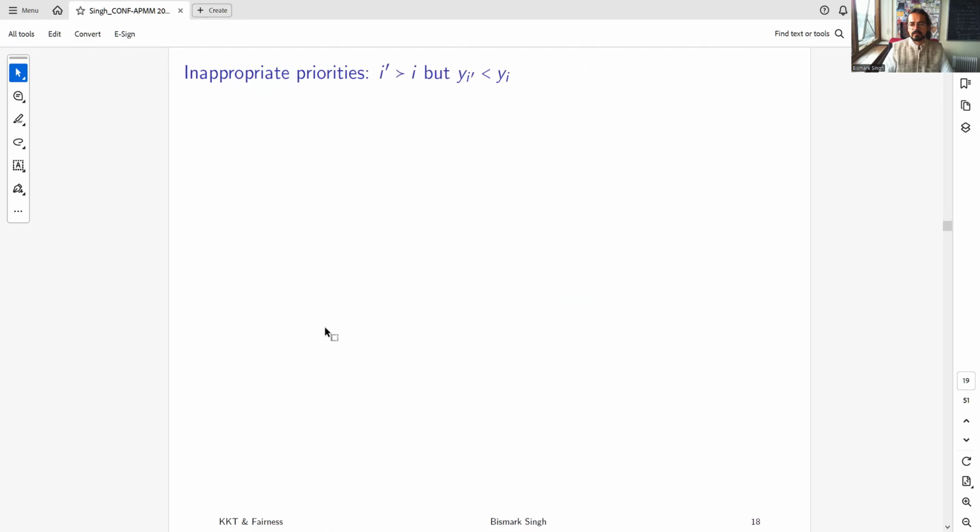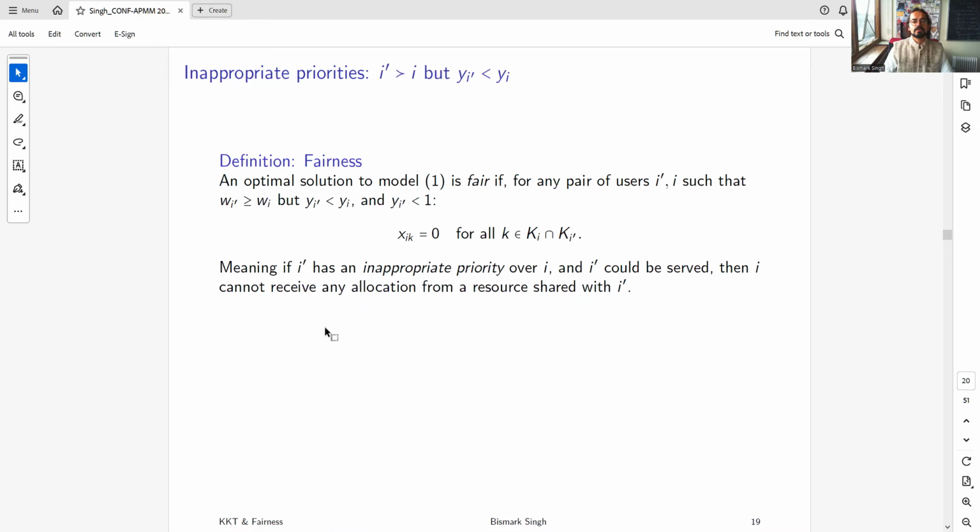Okay, so let's look at the case of inappropriate priorities in a bit more detail now. So let's define a notion of fairness up here that we would call an optimal solution to this model as fair. If we've got two users, i prime and i, they do have this inappropriate priority for i prime. So that means that the weights of i prime were larger, but the final coverage was smaller. And i prime should have the final coverage to be less than 1, because if it managed to reach its final destination of 1, it's completely served, then there is no room for complaining.